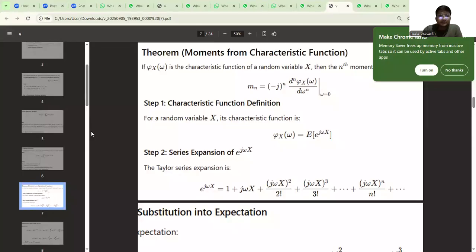Step 2: series expansion of e power j omega x. The Taylor series expansion is e power j omega x is equal to 1 plus j omega x plus j omega x whole square by 2 factorial plus j omega x cube by 3 factorial plus so on.